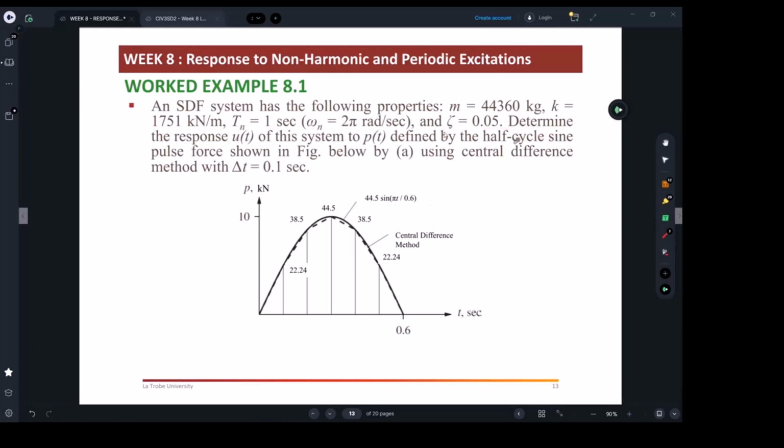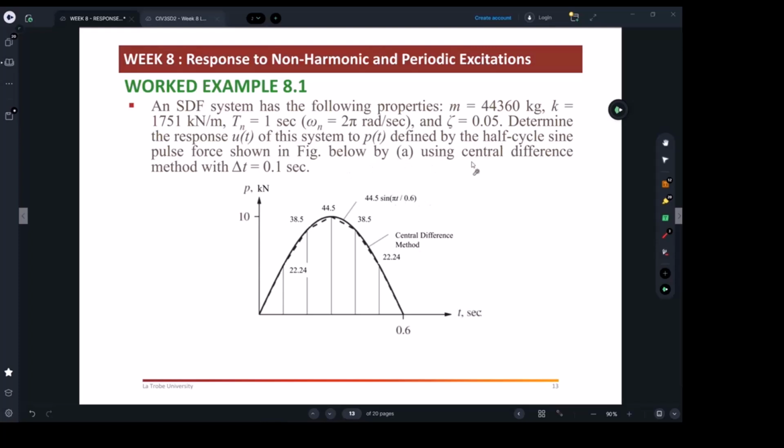They want you to determine the response of this system, so to find the displacement of that single degree of freedom system to this defined motion. The motion here is very simple to start with. Next week, and in your assessment, you're going to be given ground excitation, which is more complicated. I just want you to be confident about solving some simple examples, and then we go to the next system.